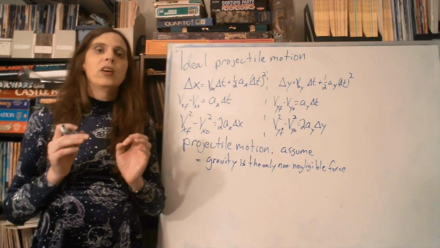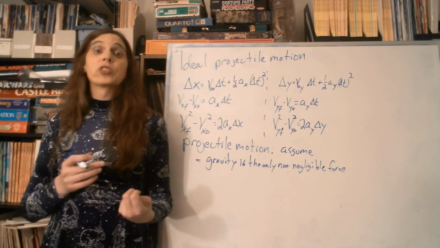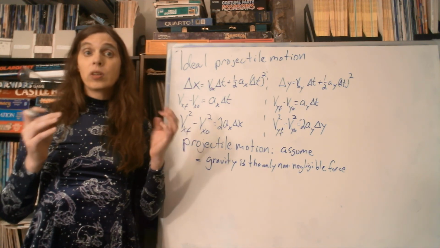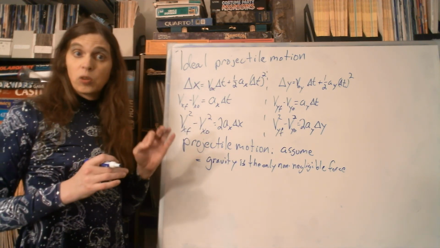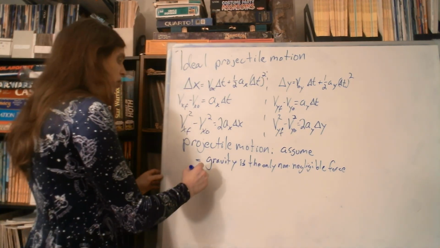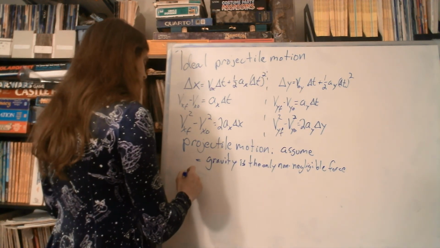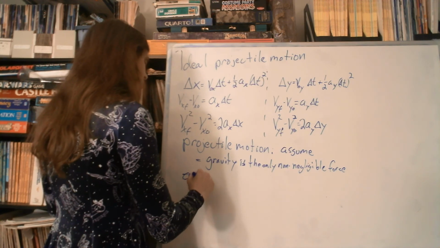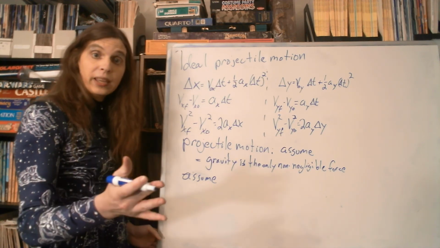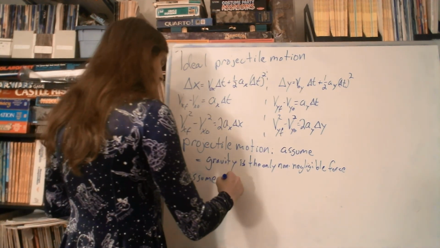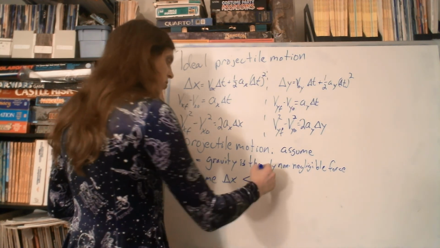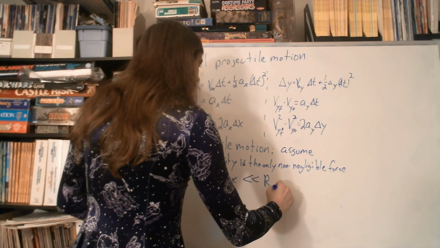Now, in your introductory physics courses, we get even more elementary. That is, we make assumptions to make the model even simpler than that. One thing we're going to assume is that the range, the horizontal range, is very small compared to the radius of the Earth.